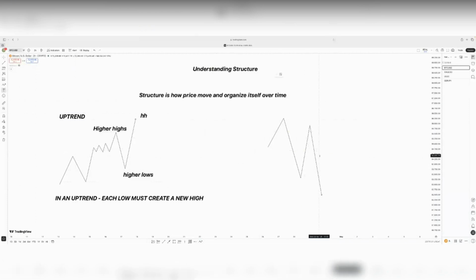In a downtrend, each high is expected to create a new low.